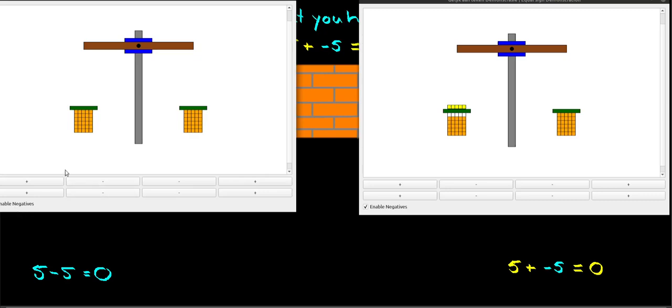Let me do this again. On this side, 1, 2, 3, 4, 5. Remove 5 more than nothing. And on this side, it is 1, 2, 3, 4, 5, and add to it -5.